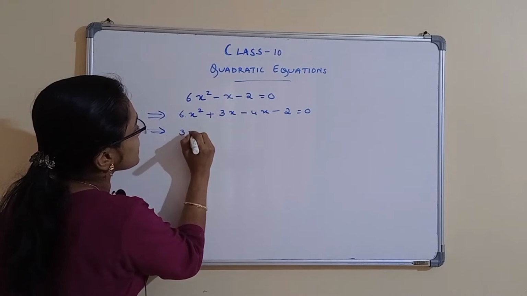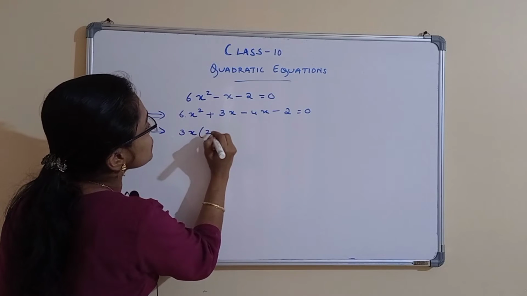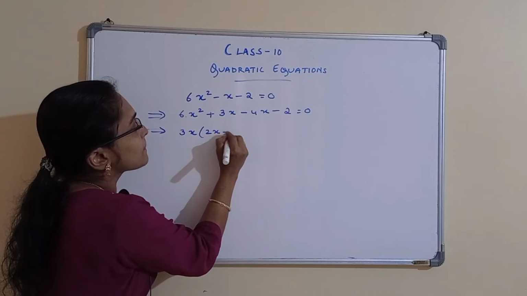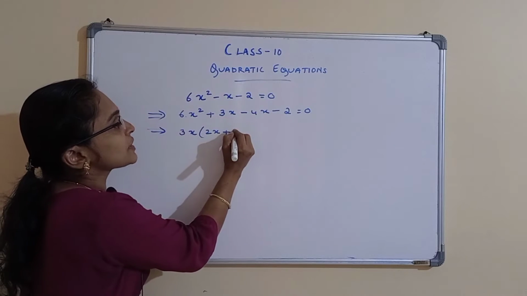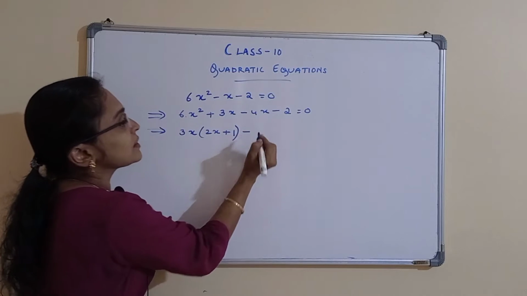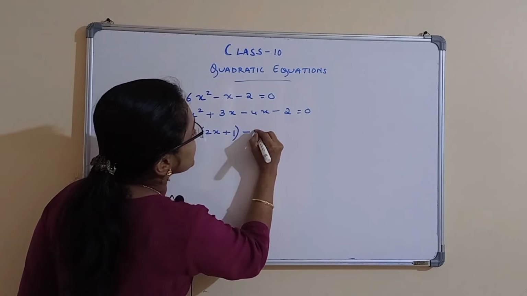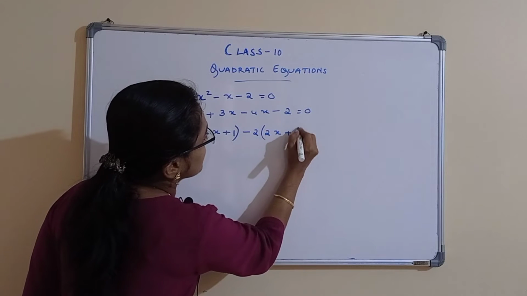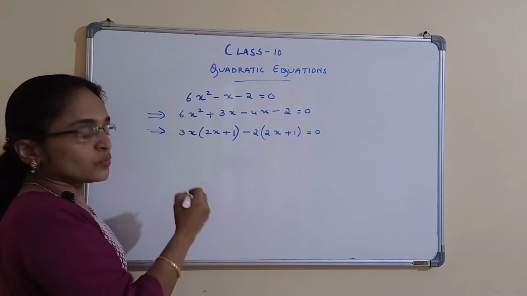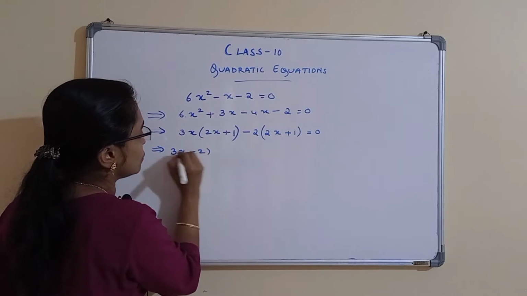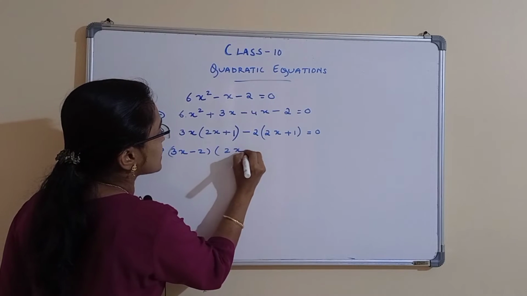So we can take 3x outside, here it will be 2x plus 1, and from the other terms we can take minus 2 outside. So 2x plus 1 is common, which means 3x minus 2 into 2x plus 1 is equal to 0.